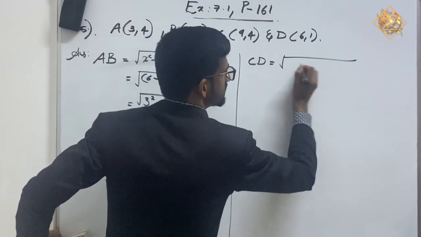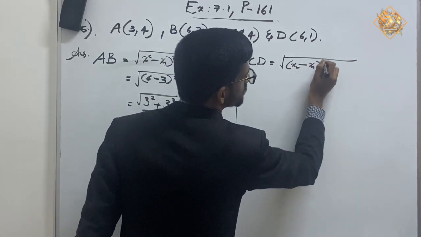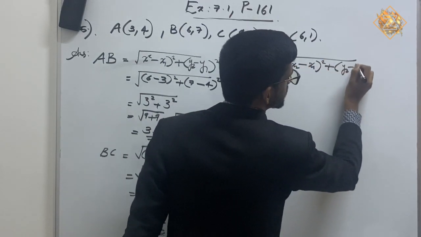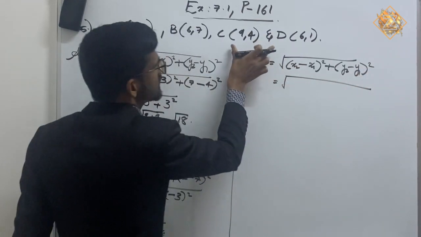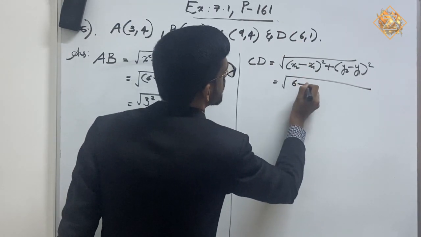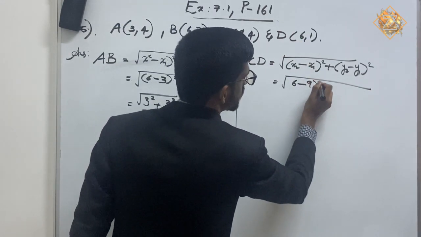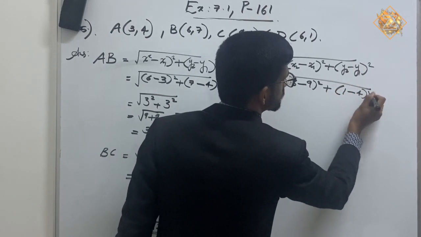Applying the distance formula again, that is the square root of (x2 minus x1) whole square plus (y2 minus y1) whole square. Substituting the values of C and D, the points: x2 is 6, minus x1 which is 9, whole square, plus y2 which is 1 minus 4 whole square.